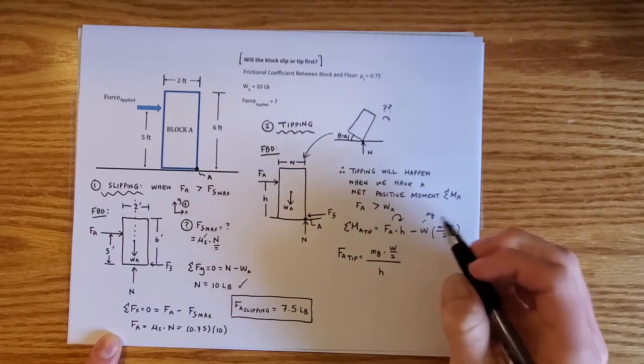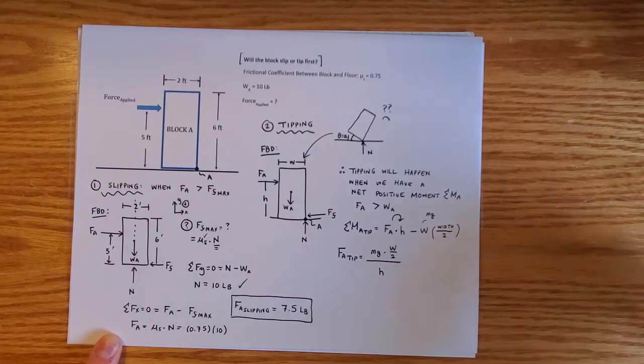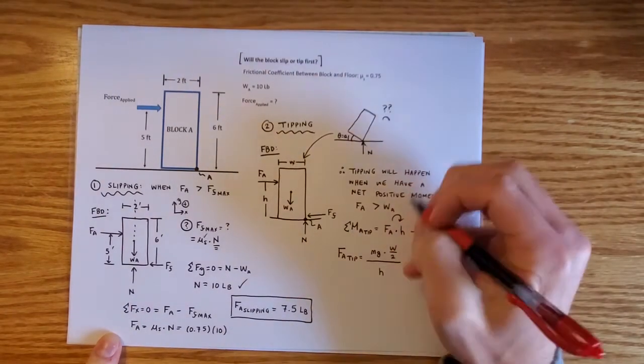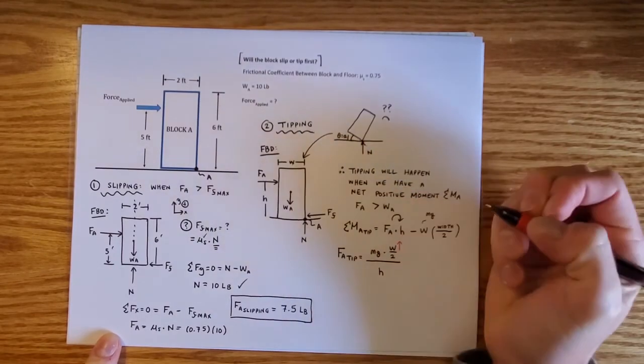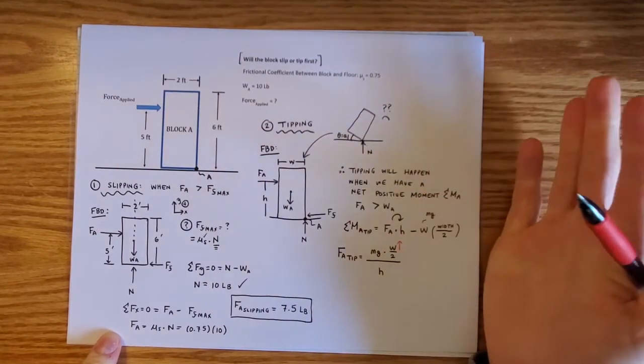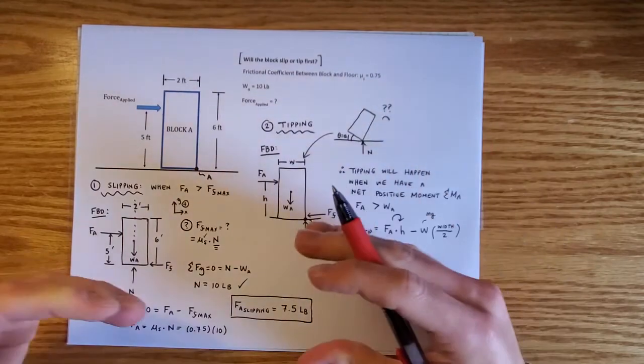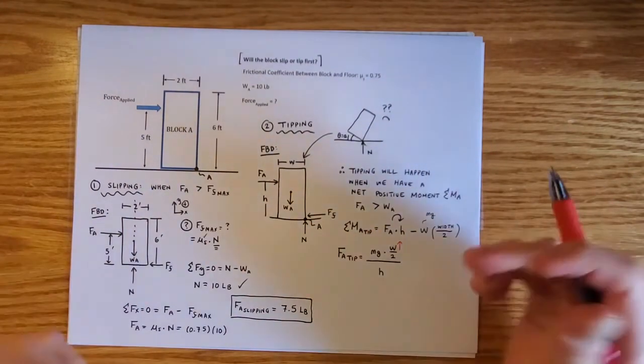Now let's look at this equation for a second and see what's going on. You can see that if we were to make our box wider, it'd be a lot harder to tip. Something that's low and wide is going to be very tricky to tip over.